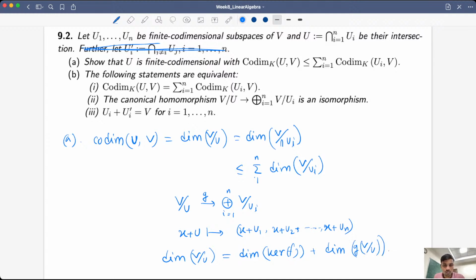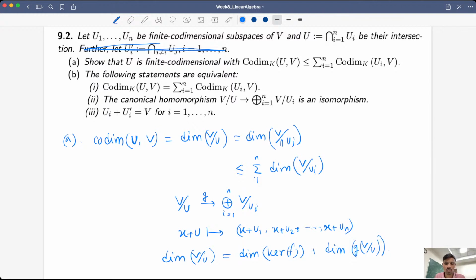Now what is this kernel of G? If G were onto, then it would be the whole direct sum. So what will be the dimension of this? G of V mod U is a subspace of the direct sum of V mod Ui, and the dimension of this space is the sum of the dimensions of V mod Ui.